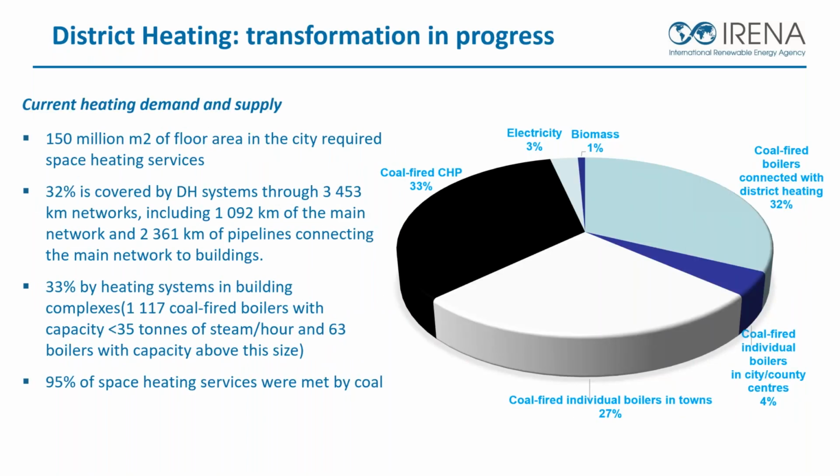The heating system right now, district heating, covers about 1/3 of the space heating, and roughly another 1/3 is covered by boilers at the building compound complex level. So it's not a regular, smaller district heating system, you can put it that way.